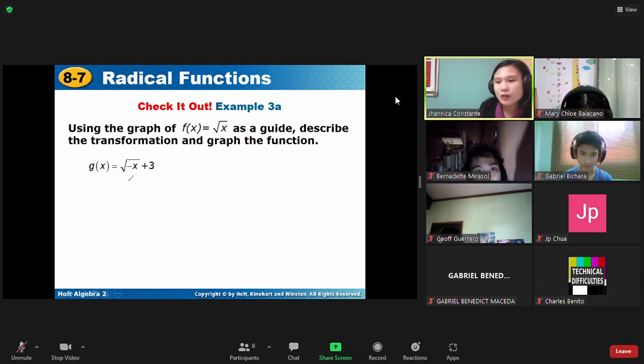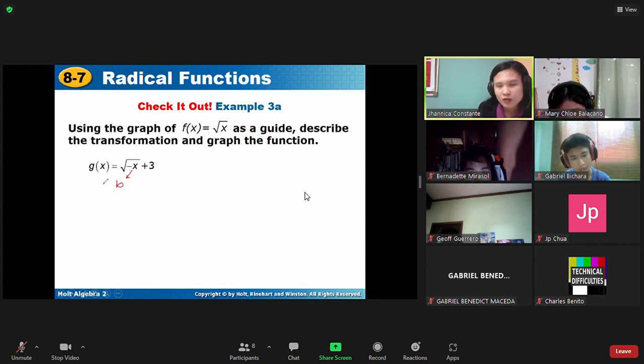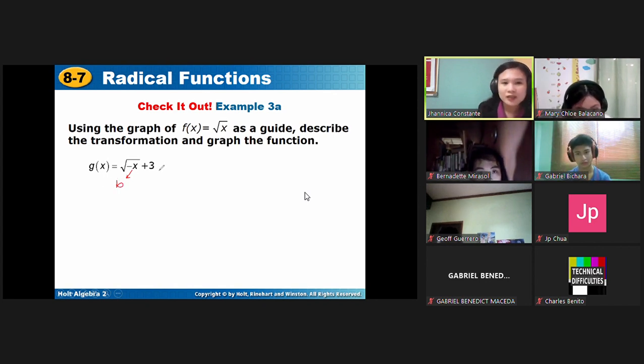The things that we have in our radical function is b. Describe the transformation that happened to your b and your k. 3 is our k based from the standard form of our radical function.